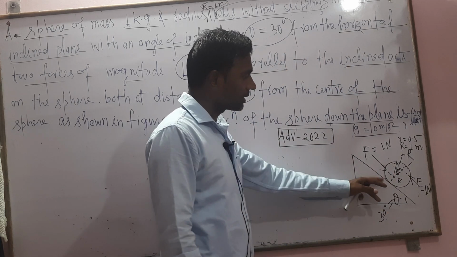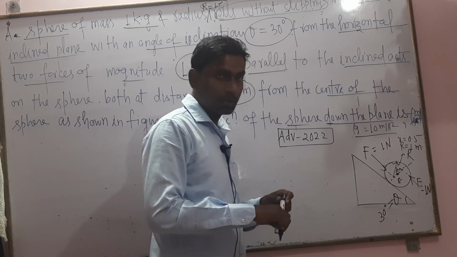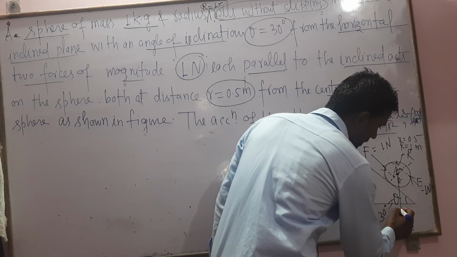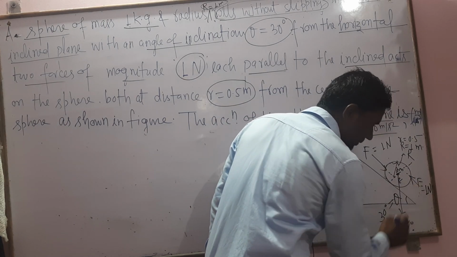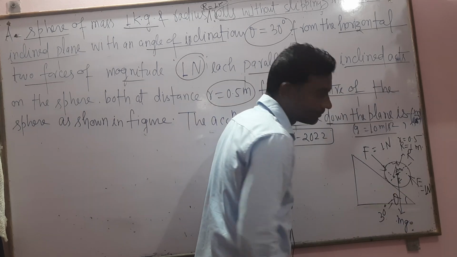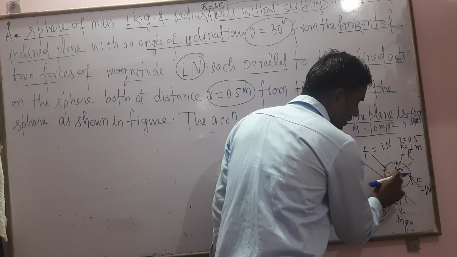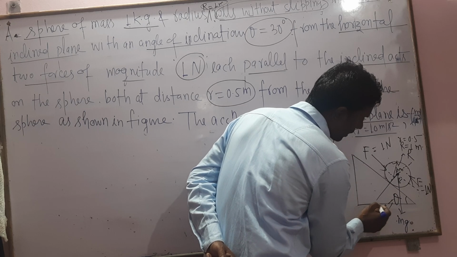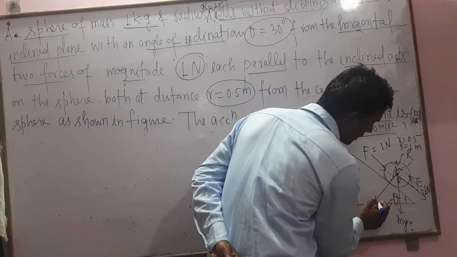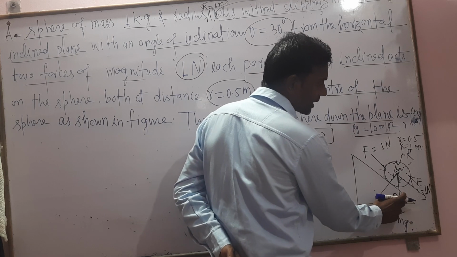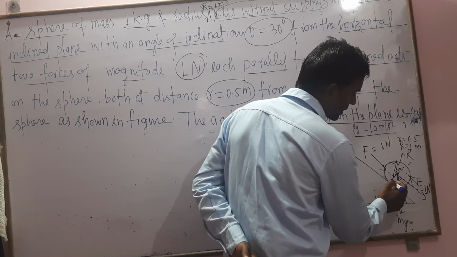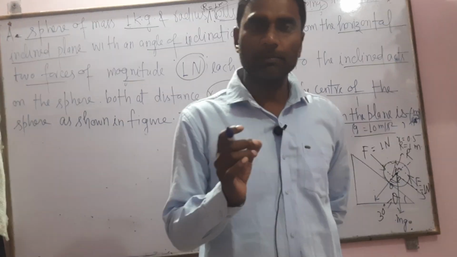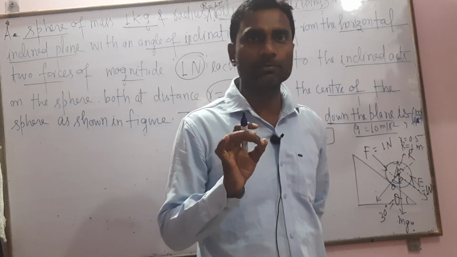Now, the forces acting on this sphere. The mass is m, so the weight is mg, vertically downward. If this is angle theta, we take two components: parallel to the incline and perpendicular to the incline. If this angle is theta, then that angle must also be theta, because the angle between two perpendicular lines equals the angle between the lines.